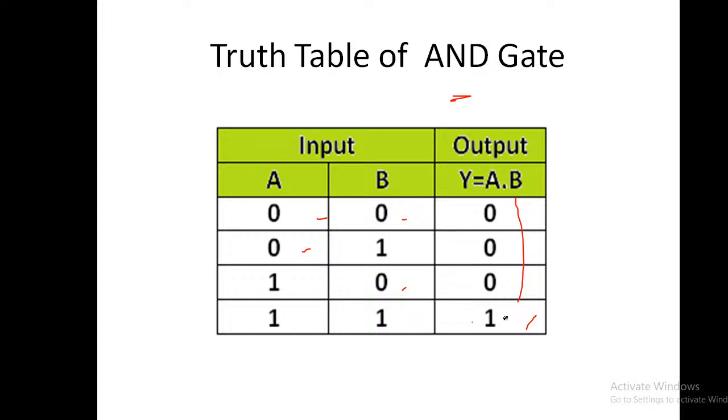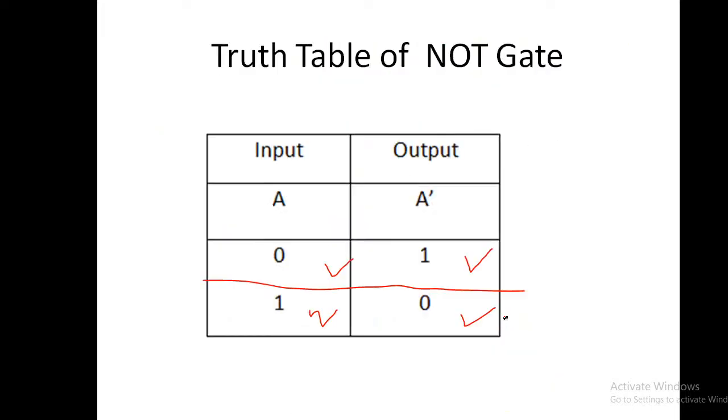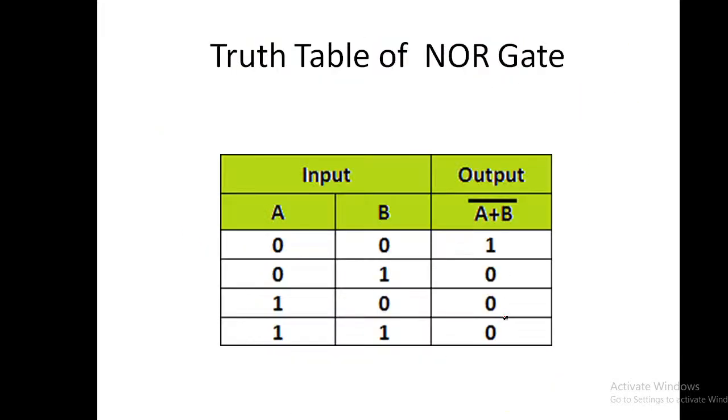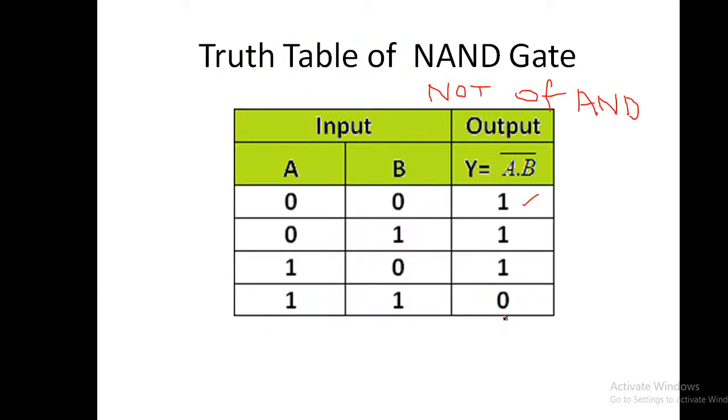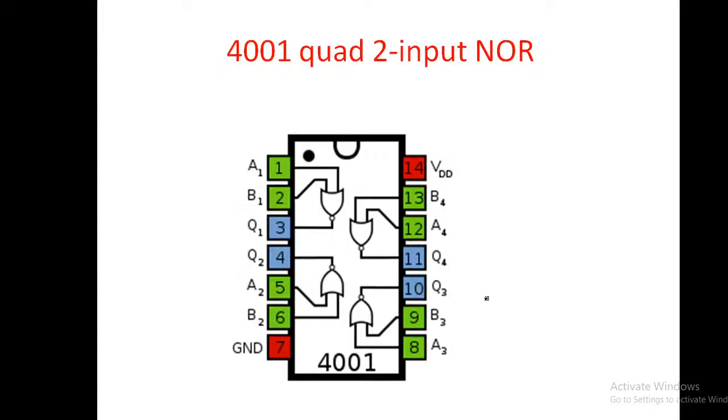So definitely in case of the NAND gate, the reverse thing will happen. The first 3 will become 1, not of 0 becomes 1, and the last will become 0. Okay, so this is the way we form the truth table of NAND.